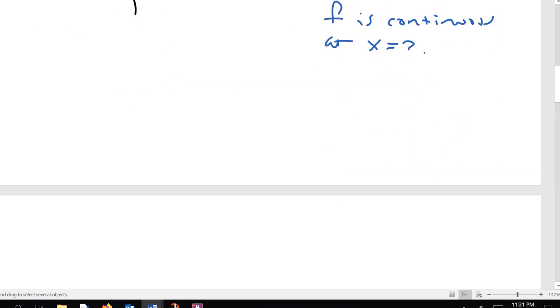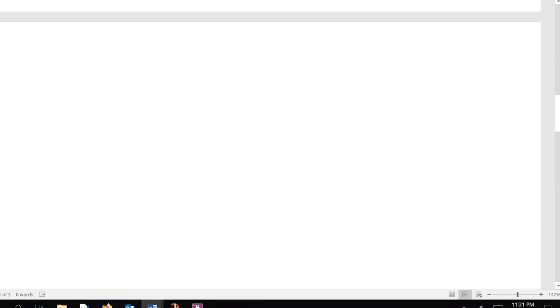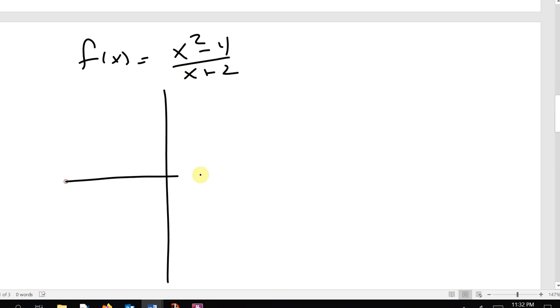Now consider maybe if f of x equals x squared minus 4 over x plus 2. So what does this graph look like?